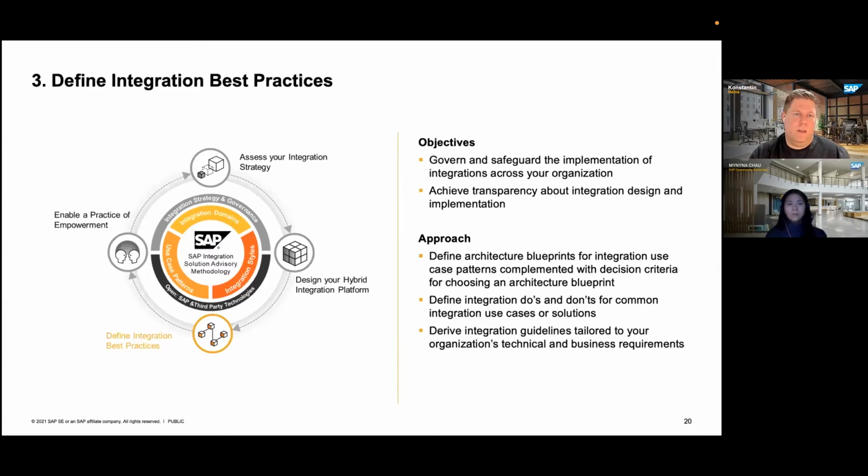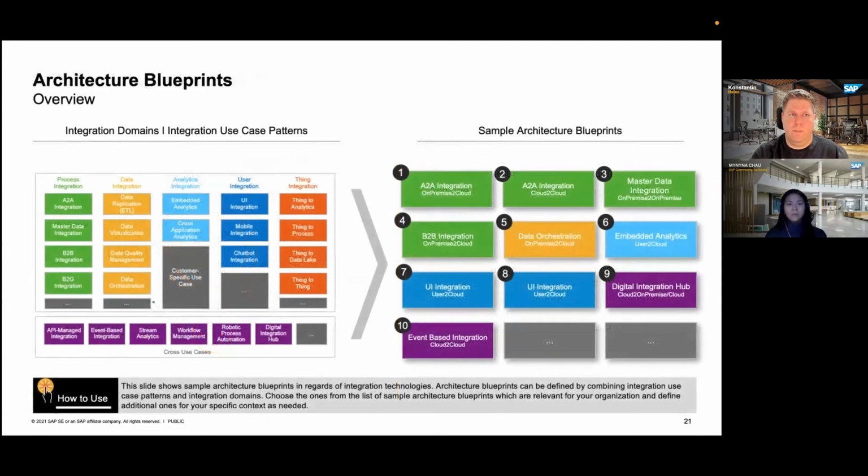And this is actually at the core of this step: to define architecture blueprints, we provide some of them, and I will show some in a second, but also to define do's and don'ts for integration scenarios. It's not only about defining which technology to use, but also, when you implement the scenario, for example in a proof of concept, you should provide the integration developers a set of rules to follow, to keep in line with your integration strategy from an operational perspective.